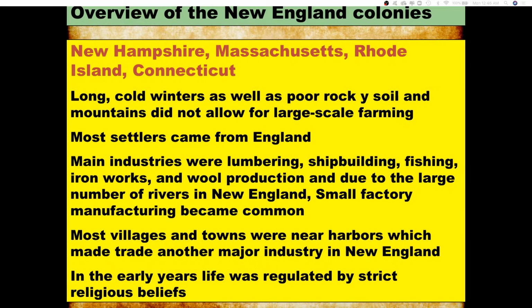Large-scale farming is not going to happen here. But other industries will spring up, like lumbering, fishing, shipbuilding, ironworks, wool production, and there are some small-scale factories that are established in New England because New England has a bunch of rivers, so you could water power them.